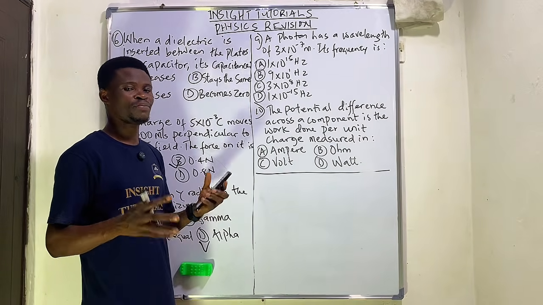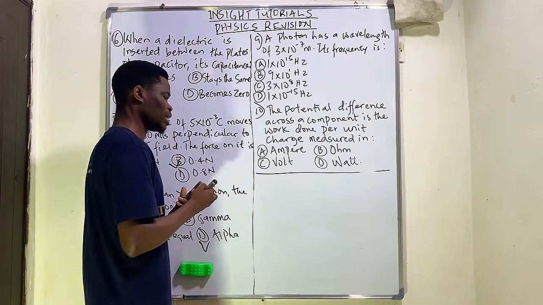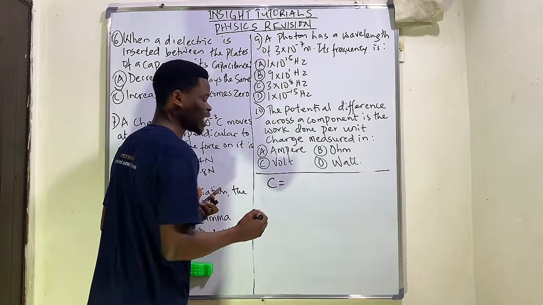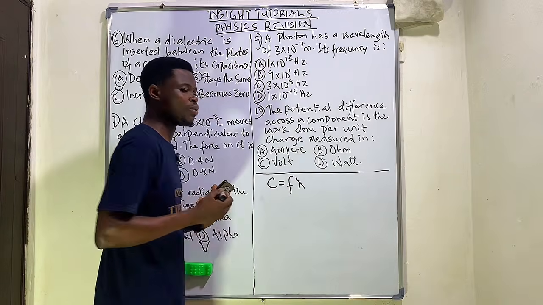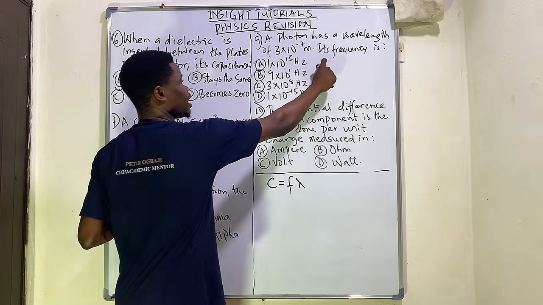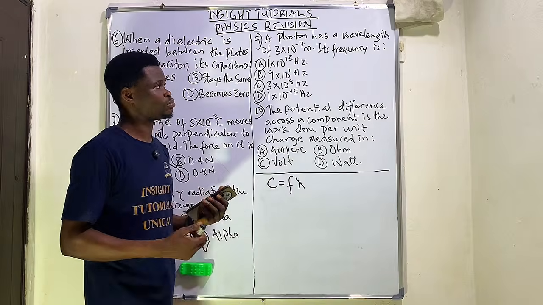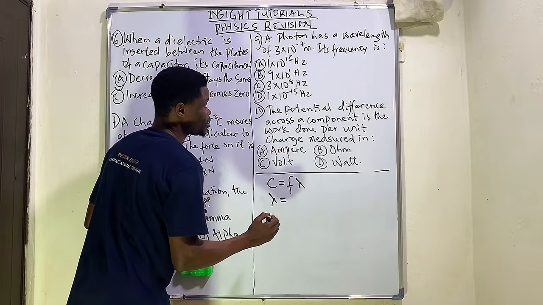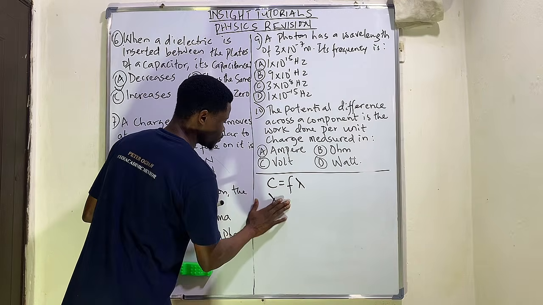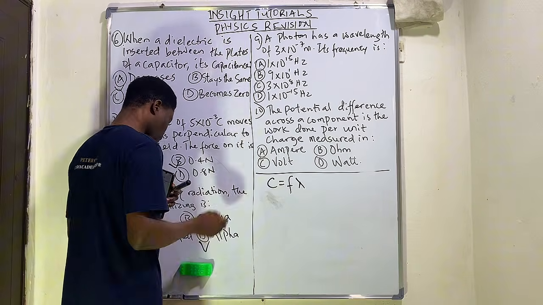Now we need to know that there's a formula that connects our frequency and our wavelength, and that formula is: the speed of light, c, is equal to our frequency times our wavelength. We are asked to find the frequency of this particular photon, right? So I'm going to make the frequency the subject of the formula.